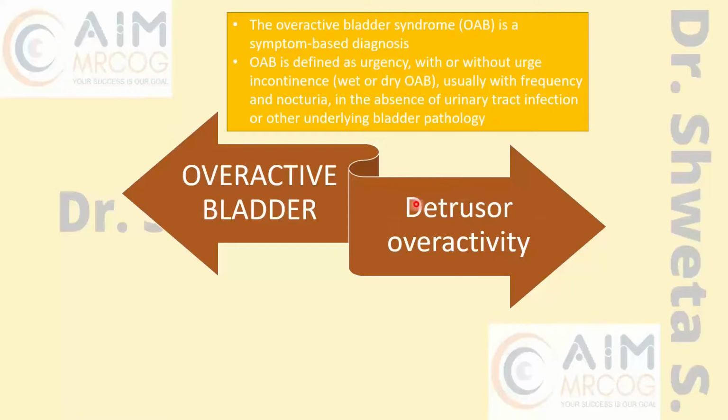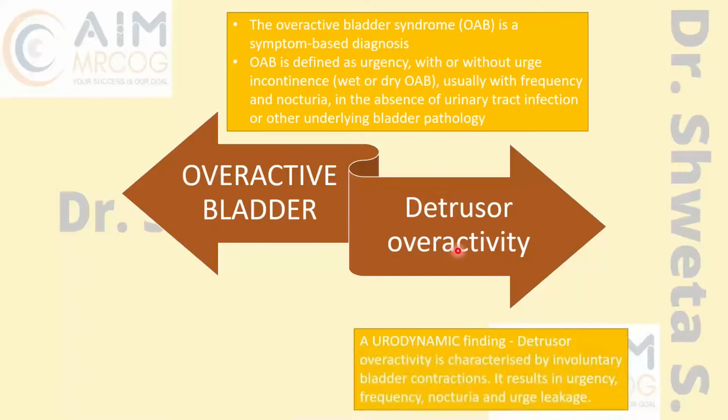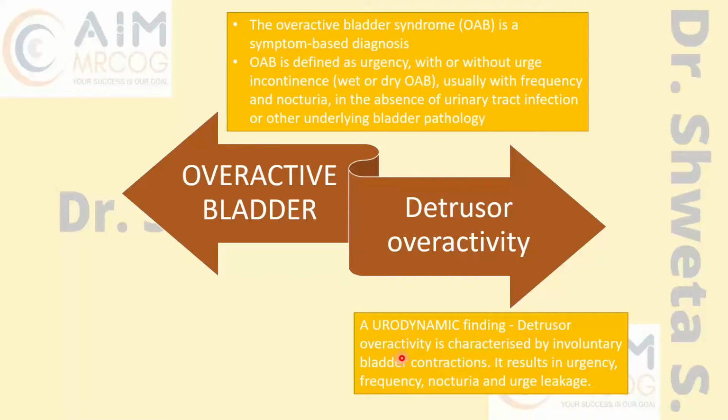And how is detrusor overactivity different from overactive bladder? If you want to know, detrusor overactivity is a urodynamic finding. In urodynamics, you will see detrusor overactivity as an involuntary bladder contraction, meaning the detrusor contraction you will see while filling.